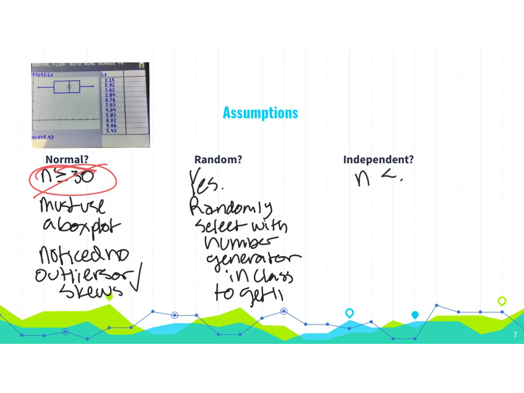For independence, to test this, we check that little n is less than 0.1 of big N, which is the total population. So we found that 11 is less than 0.1 of all AP honors students that are seniors. So all conditions wound up applying and working out.